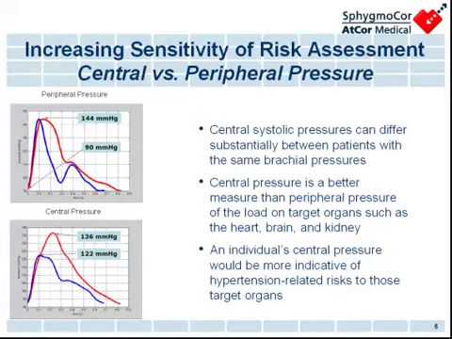So much more central organ damage or central organ pressure being felt as compared to the person in blue. Again, both of these patients would have a systolic of 144 and a diastolic of 90. So peripheral pulse pressure, peripheral blood pressure, peripheral diastolic pressure will not differentiate these at all.